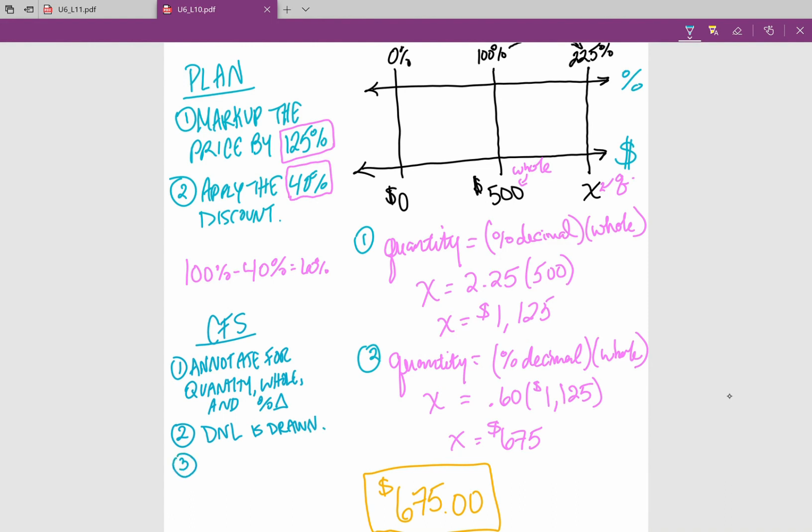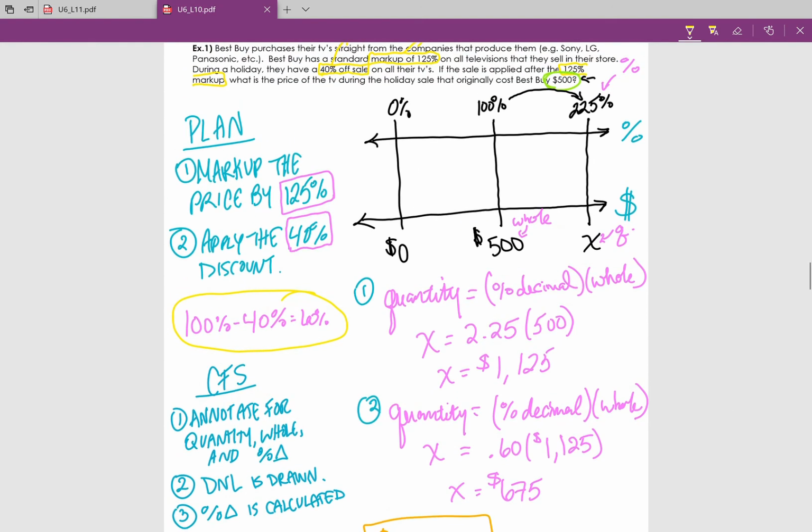Number 3, our percent change is calculated. So that means when you are marking down, for example, you're writing this 100% minus 40. We're marking down by 40. Or up here, you're adding that 125%.